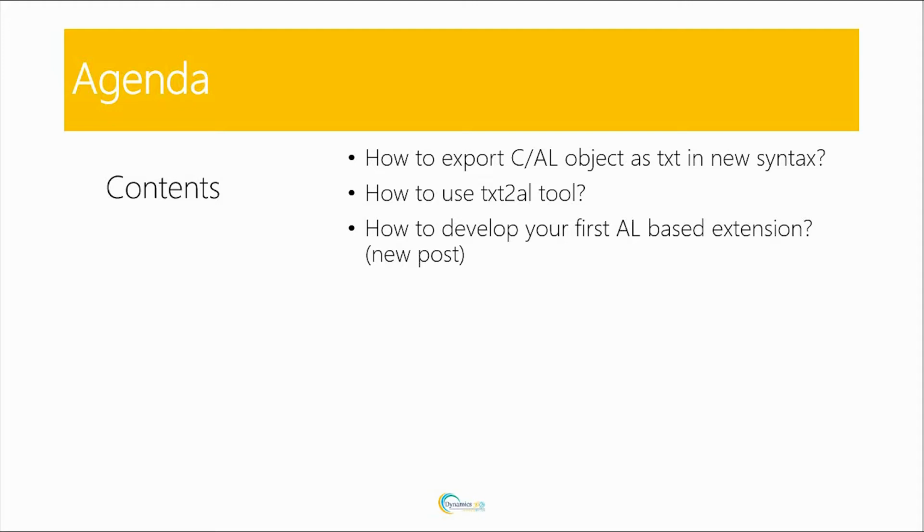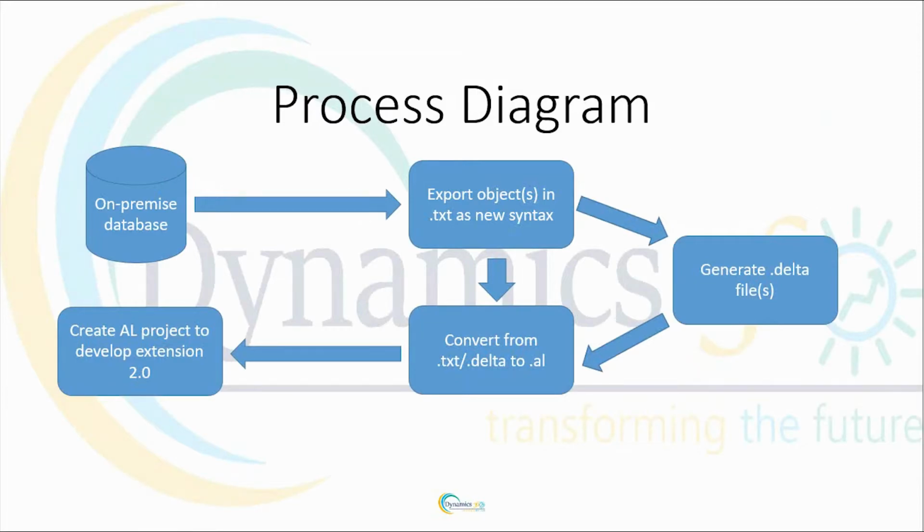So moving on, here is a process diagram for the demo we will be following. Here you can see we have an on-premise database. For demo purposes, we will be using a Dynamics 365 Business Central on-premise database.